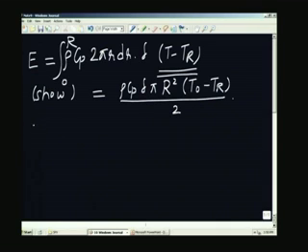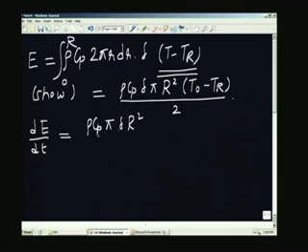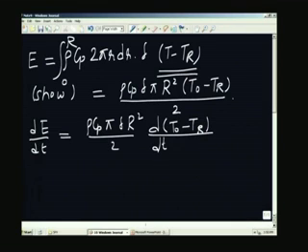So, dE by dt is what I want, the time rate of change of the energy contained within the foil, that will be given by rho Cp pi delta R squared by 2 times d of (T naught minus Tr) by dt. That is the expression.